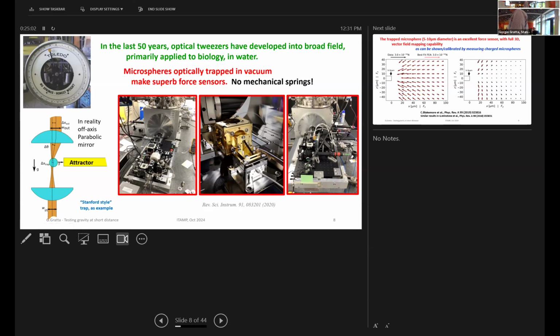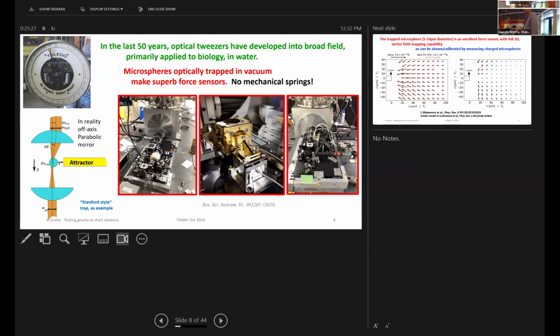Okay, then the trap is essentially a little device. You can see here there is a parabolic mirror that takes the collimated light coming in, focuses in the middle of the trap, and then there's the conjugate mirror that makes it collimated again and extracted where the readout is. Actually, the readout by now is way more complicated than this. I realize this is kind of an obsolete photograph.